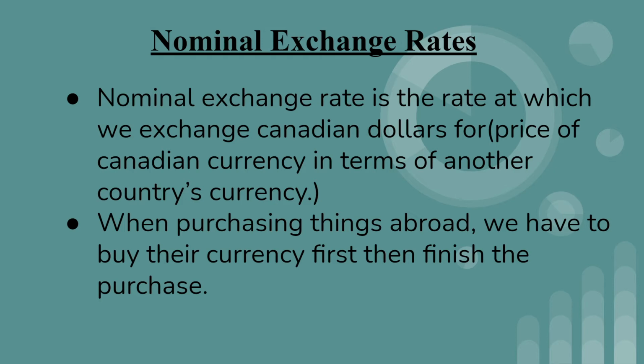Basically, the nominal exchange rate is the price, and whenever you want to purchase anything abroad, you first have to buy the currency. A common place where I've seen this happen is the airports. Sometimes when you're in an airport abroad, they don't let you buy anything using Canadian dollars. They expect you to buy their currency first and then buy the things you want to buy.